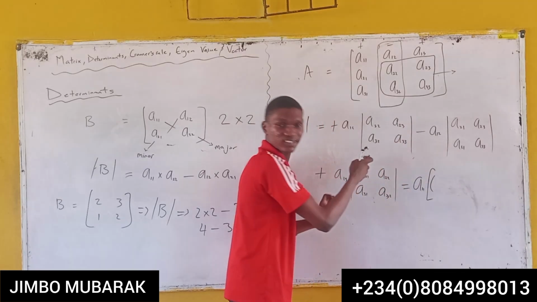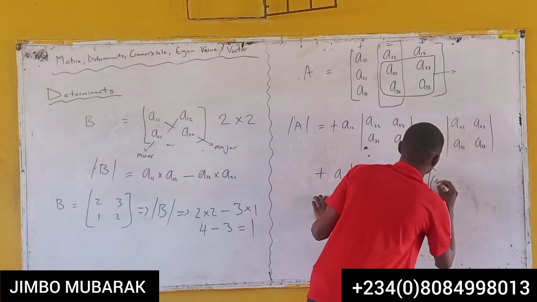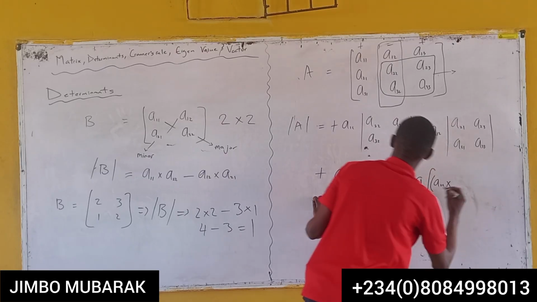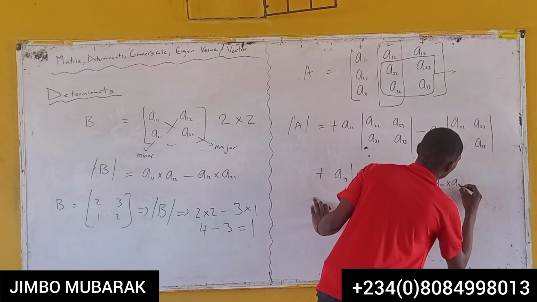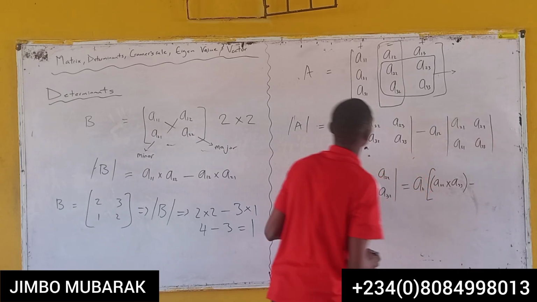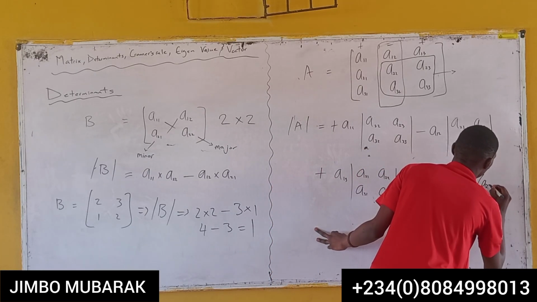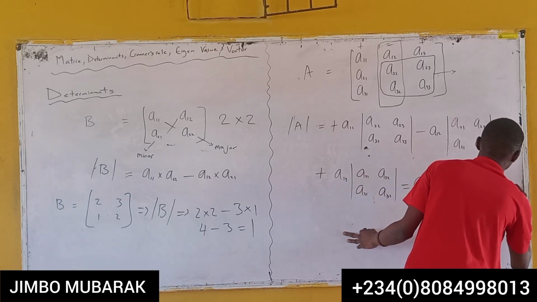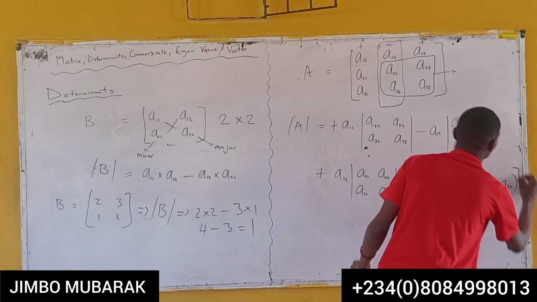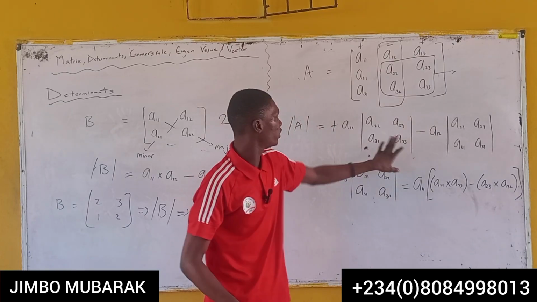Minus this. That will be A22 times A33 minus A23 times A32. That's the first one. We've done the first one.